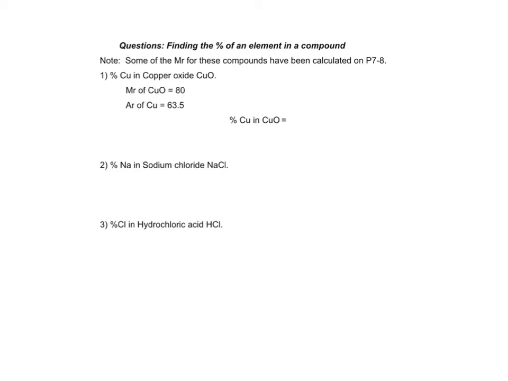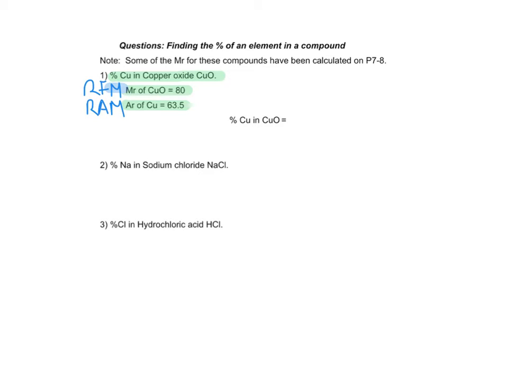And if we look at number 1 first of all. Now number 1 has been kind and it's given us some of the information that we need. We're asked for the percentage of copper in copper oxide. We're given the MR of copper oxide and we're given the AR of copper. Now remember, the MR is just another way to write the relative formula mass, and the AR is just another way to write the relative atomic mass.